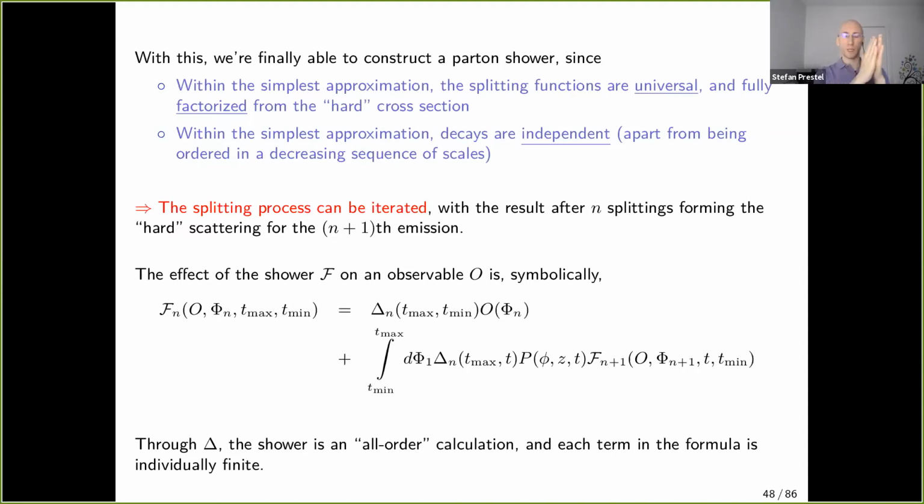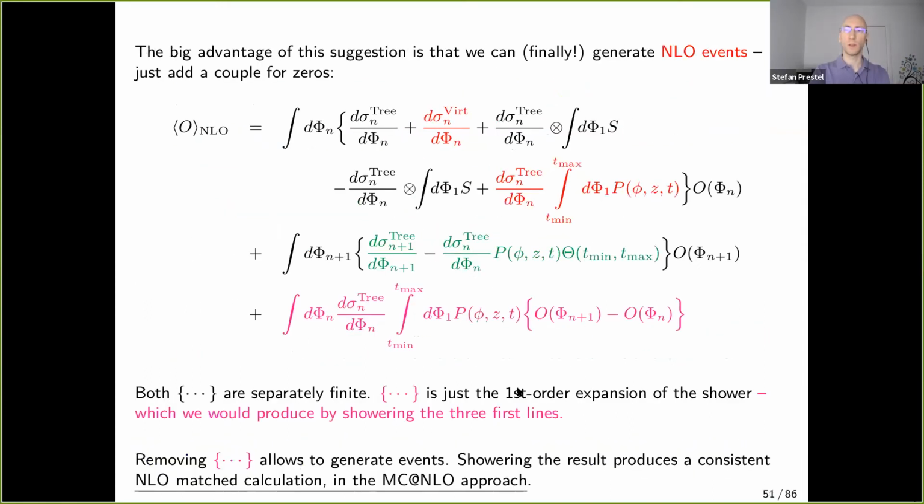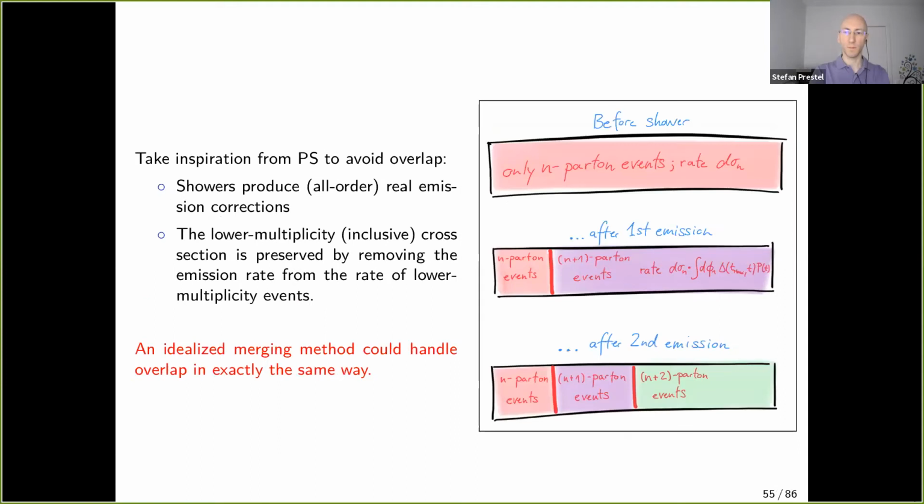And now if you would expand that out, the observable dependence would still be O of n, but you'd have an additional integral over the splitting functions. This is how you should maybe think of these types of terms.